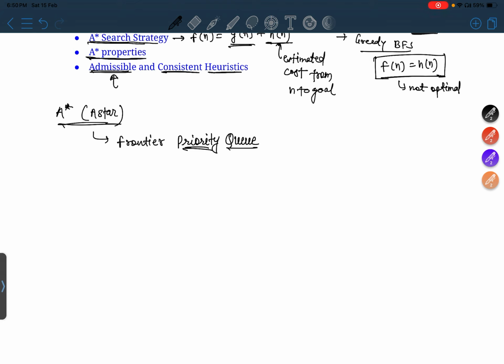Since the frontier is a priority queue, we need some kind of criterion or priority to remove the nodes from the frontier. So what criterion does it follow? It uses f of n equal to g of n plus h of n as the priority value for nodes or states.